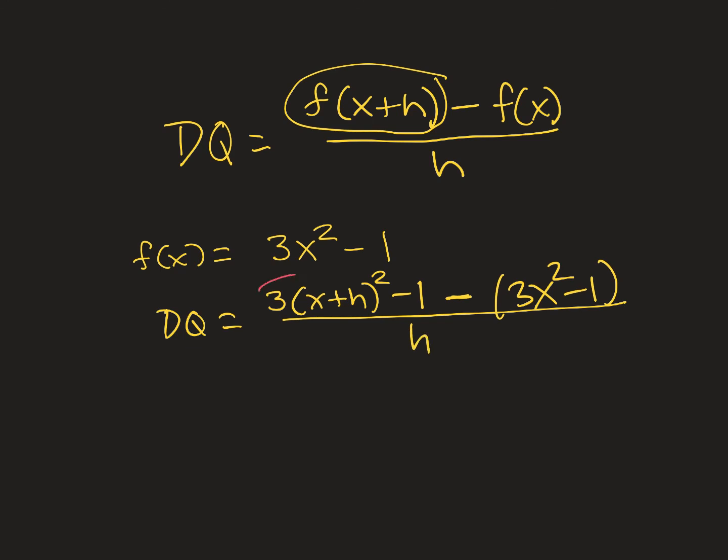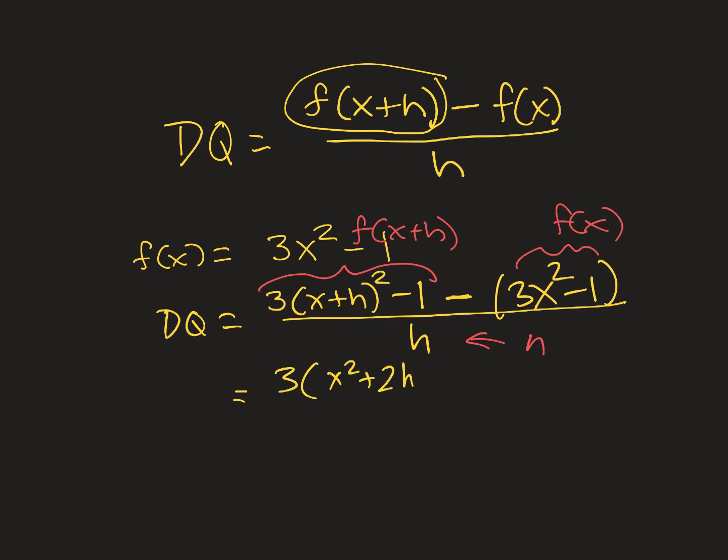So again, this was my f of x plus h. This here is my f of x. And of course, this is my h. So I'm just plugging in for this specific function the pieces of this formula for the difference quotient. All right, and I've got 3 times foiling x plus h, x squared plus 2hx plus h squared.